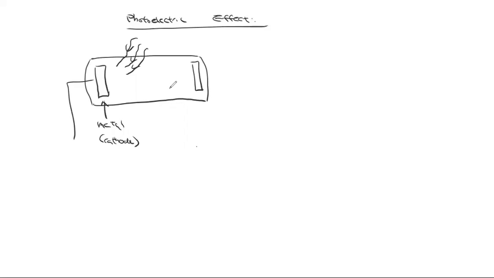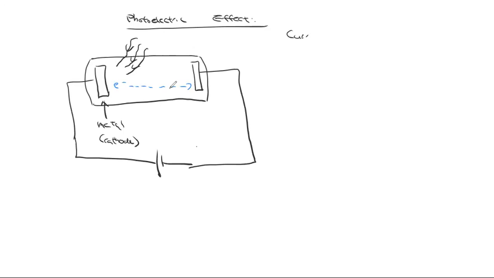And what we noted was that, depending on the frequency and so on, there would be electrons moving across. And current, remember, is a flow of charge.